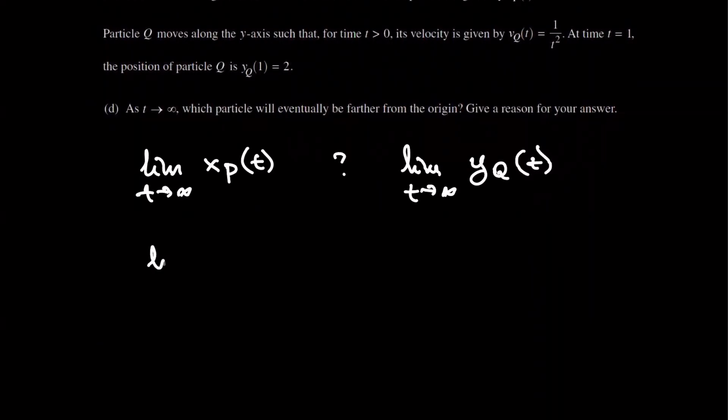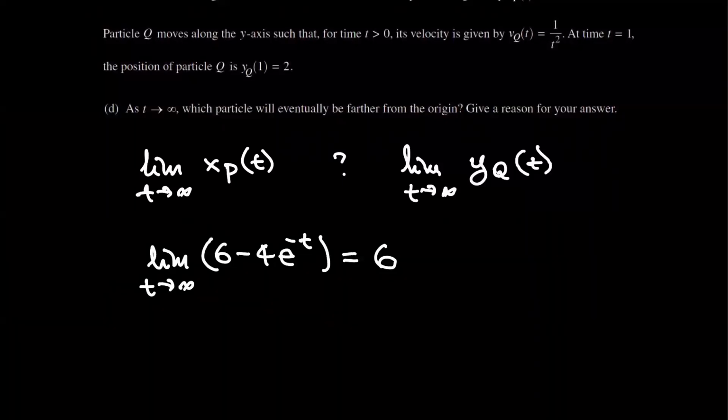The limit as t goes to infinity of x of p, which is 6 minus 4 e to the negative t, is equal to 6, because negative 4 e to the negative t goes to 0.